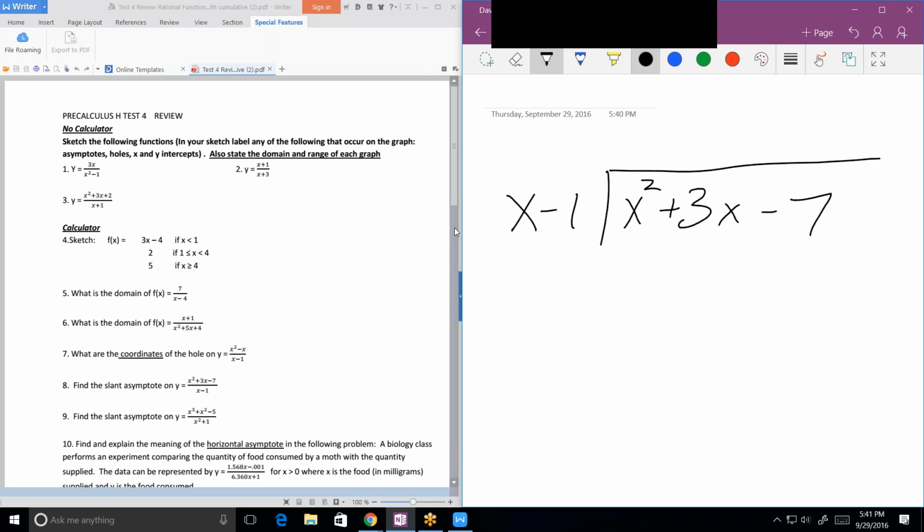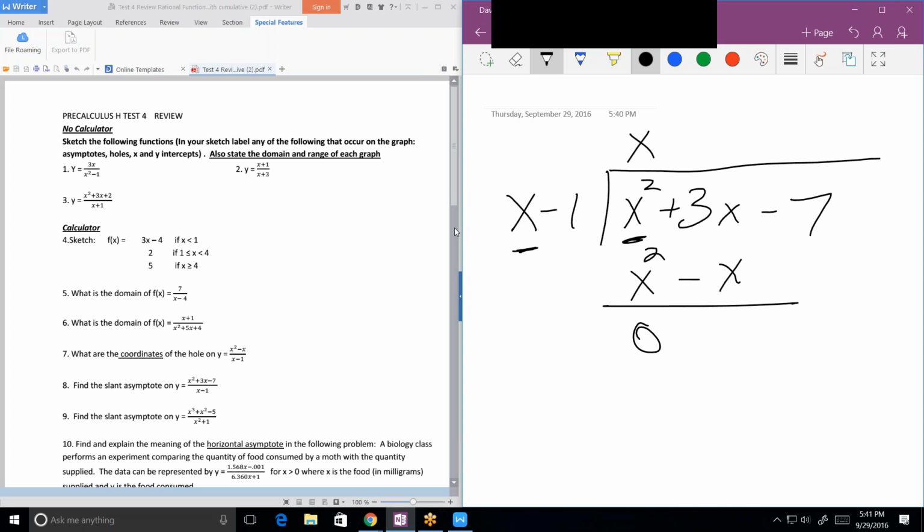The way you do the division is you take that term and divide it into that term. What do you get? X. Then you take this and multiply it by both, so I get x squared minus x. And then with long division, you're always subtracting. So this goes to 0.